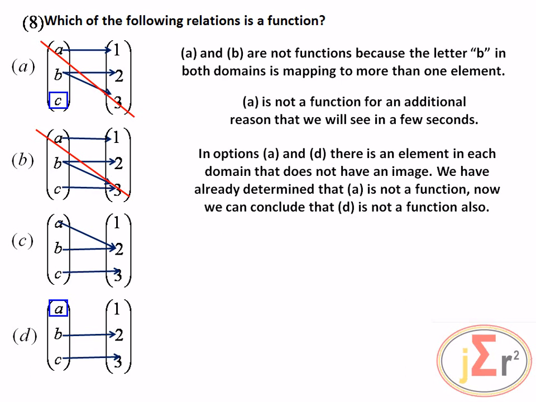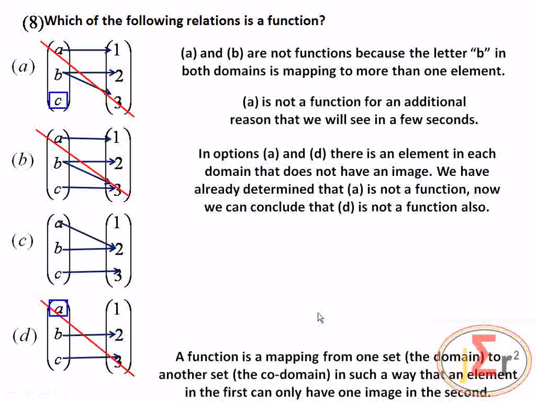And of course, D is not a function because of that same reason. This does not map and this does not map. So we expect for a function that every element in the domain must map to another element, at least. So D is not a function and D is out, so we are only left with C.